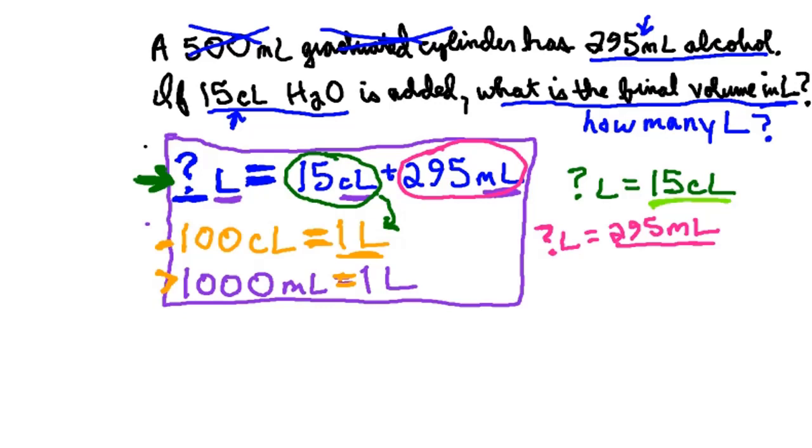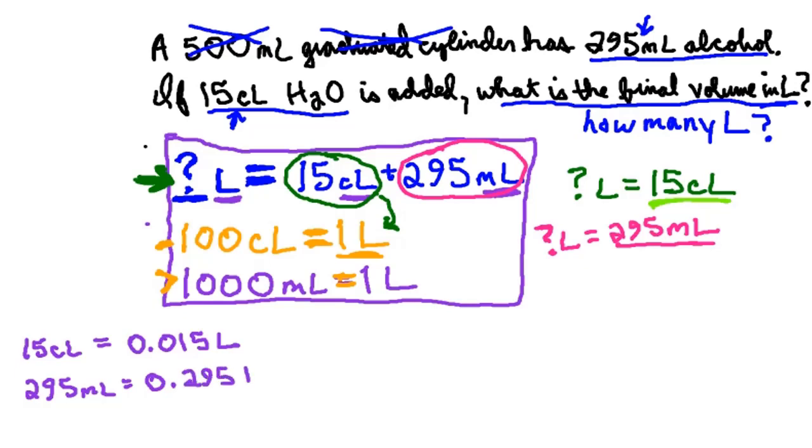So we had the 15 centiliters, and that equals 0.015 liters. And we had the 295 milliliters, and that equals 0.295 liters.